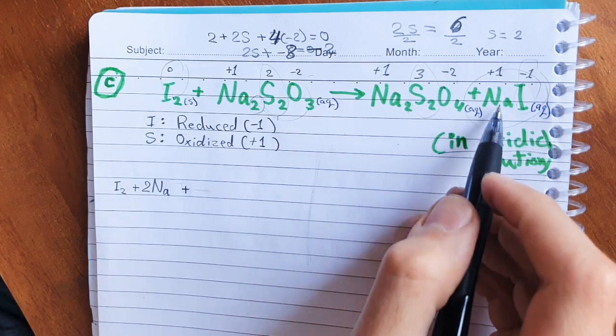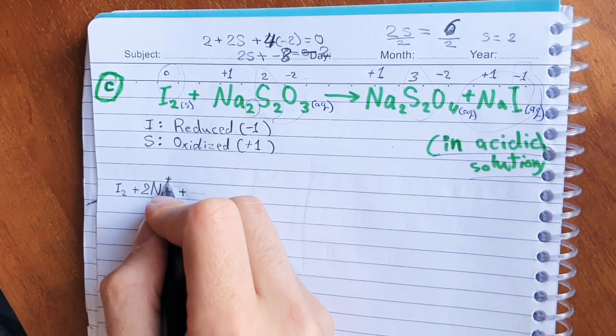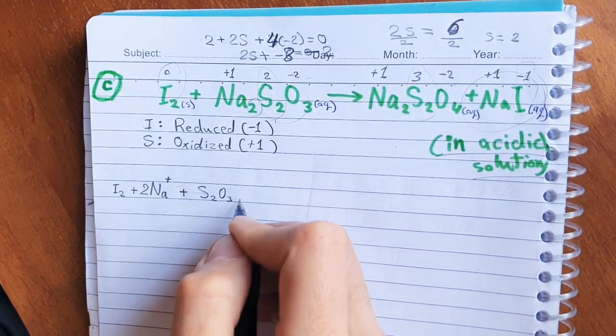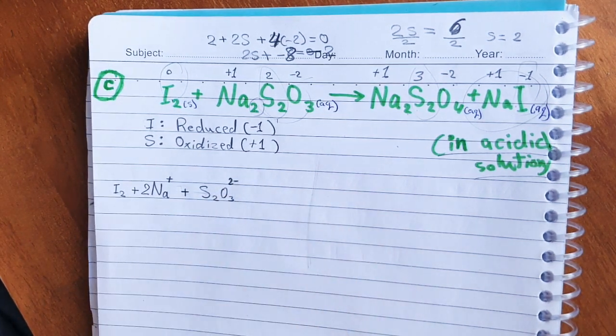Alright, we will see. 2Na+ plus S2O3 2-, the whole thing has a 2- charge.